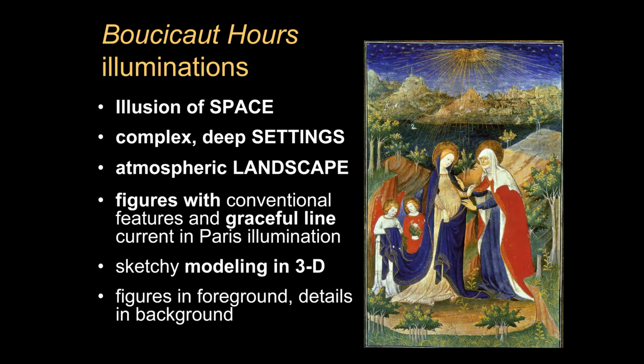And historically, the scenes are very interesting because the artist is working on creating an illusion of space. This particular artist is very interested in setting. They're very complex. There's lots of detail in them. They go back into space. And near the distant horizon, they become atmospheric.